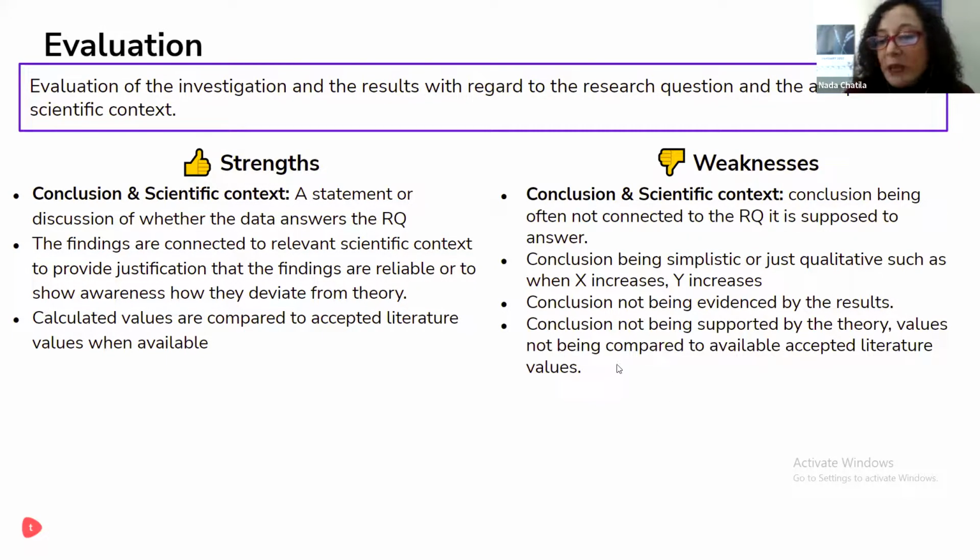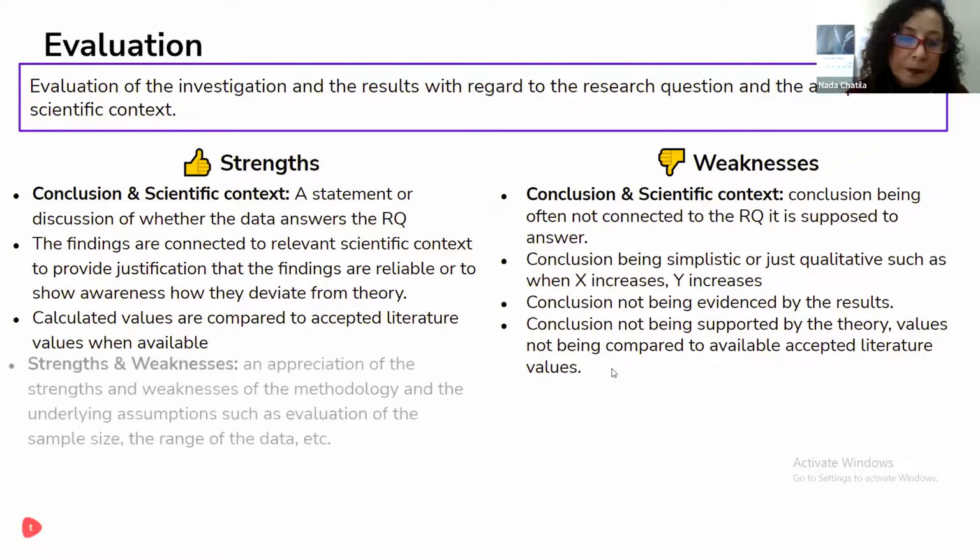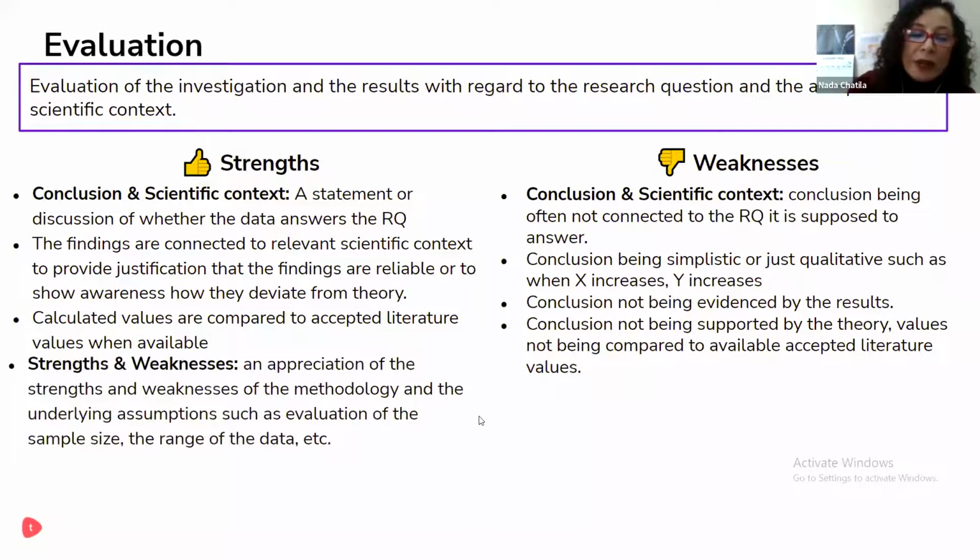Conclusion not being supported by the theory, values not being compared to available accepted literature values. With regards to strengths and weaknesses, many students address the weaknesses, but rarely address strength. It is important to celebrate the strength of the methodology, not the procedure, the methodology.